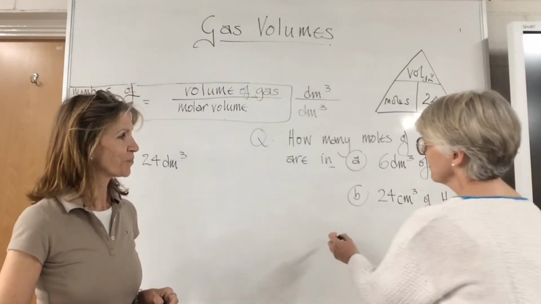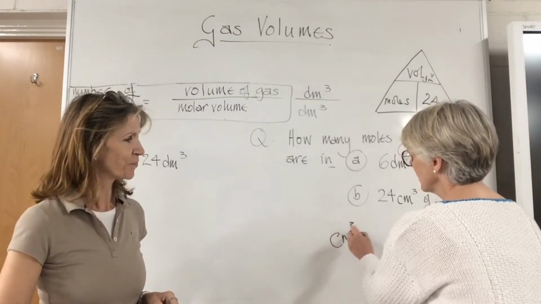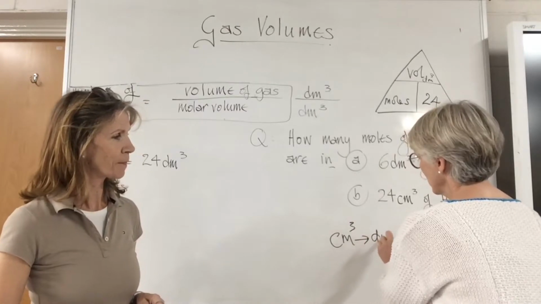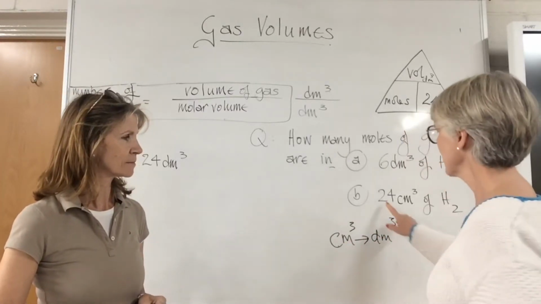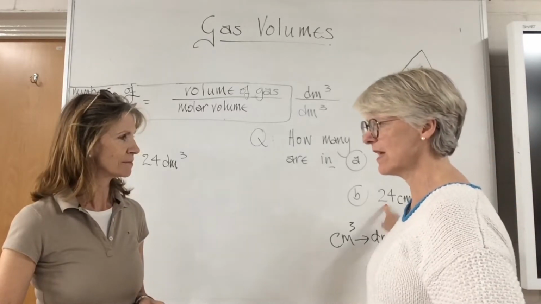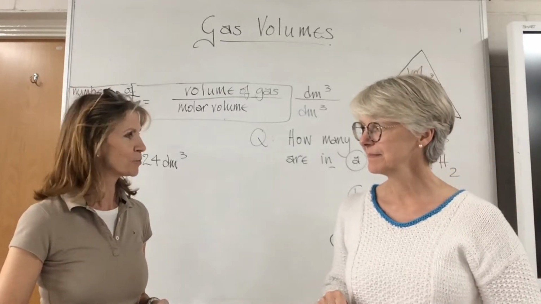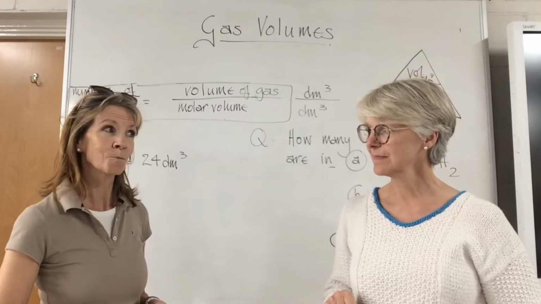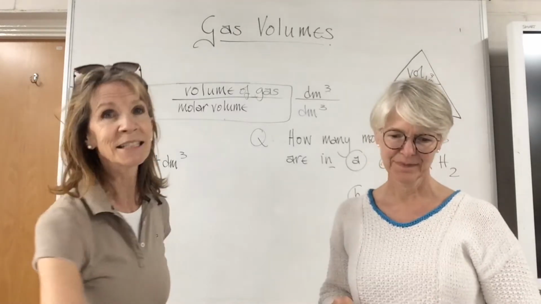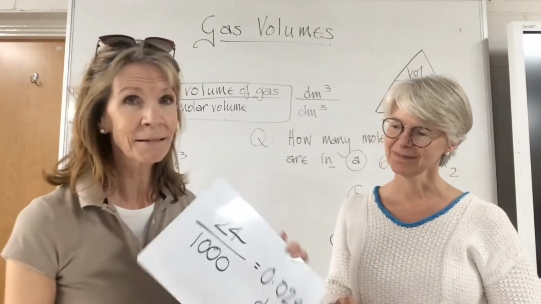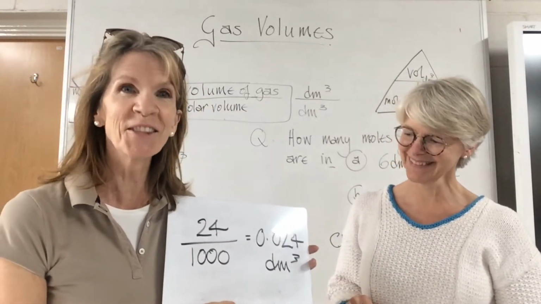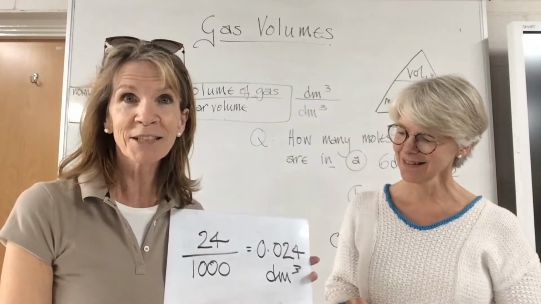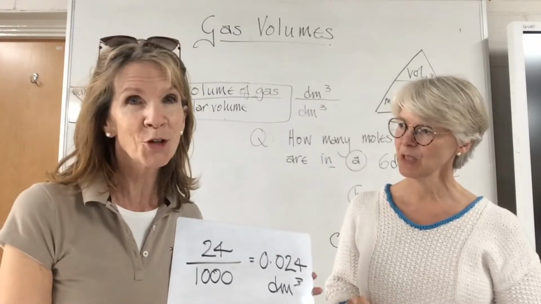I remember from a previous vlog, centimeters cubed to dm cubed, divide by 1,000. Is that right, Miss McLaren? That's correct. So it'd be 24 divided by 1,000, which is 0.024 dm cubed.